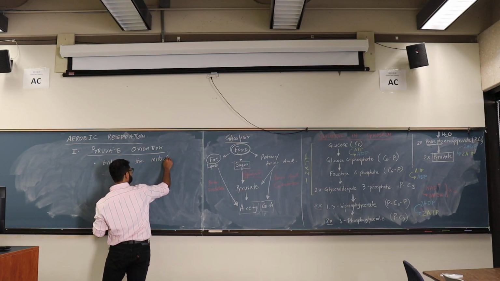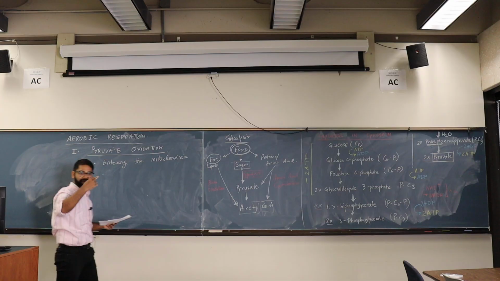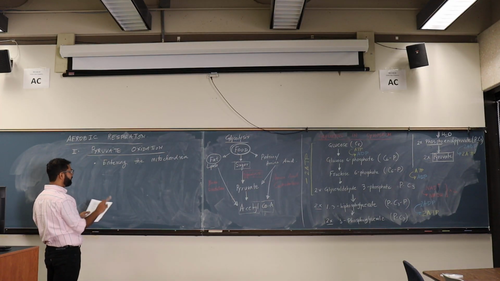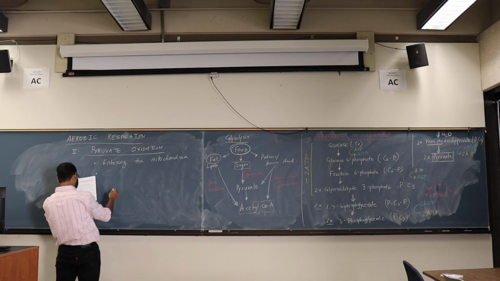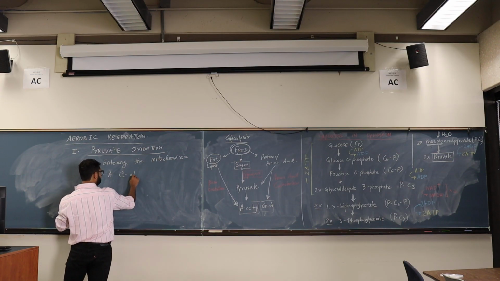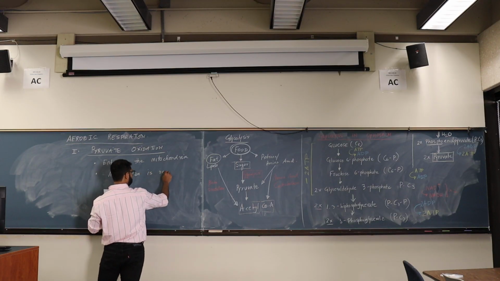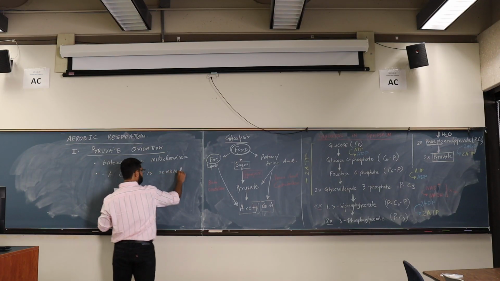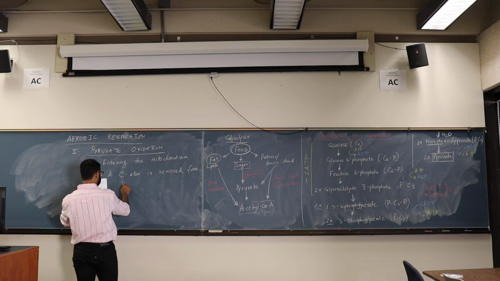So glycolysis happened in the cytoplasm. Now we are entering the mitochondria, and this is where the pyruvate oxidation happens. What happens in here is the 2 pyruvates that enter, a carbon atom is removed from the pyruvate.